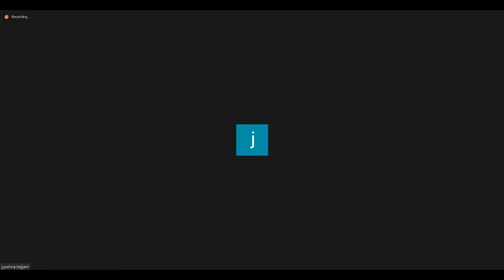Why am I unable to see the Word file here?